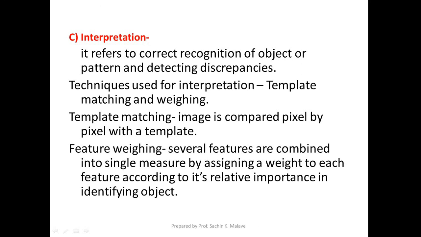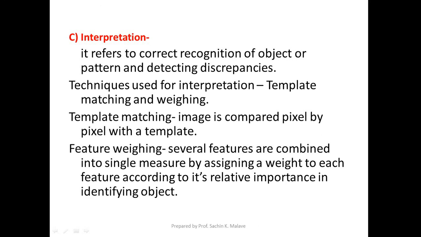In feature weighting, another technique, several features are combined into a single measure by assigning a weight to each feature according to its relative importance in identifying the objects. If you are trying to identify an object, every object will have some of its own features.